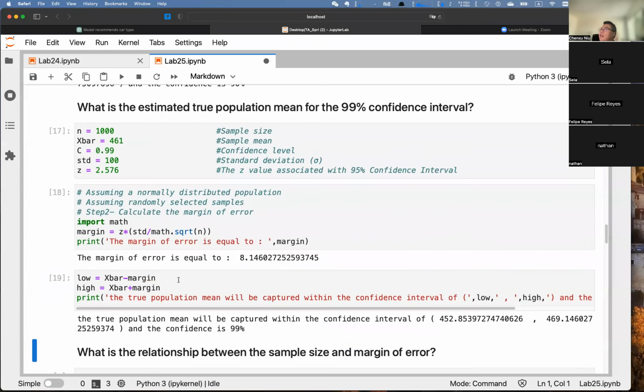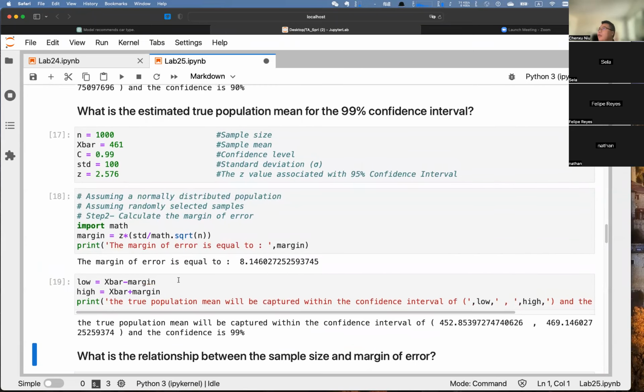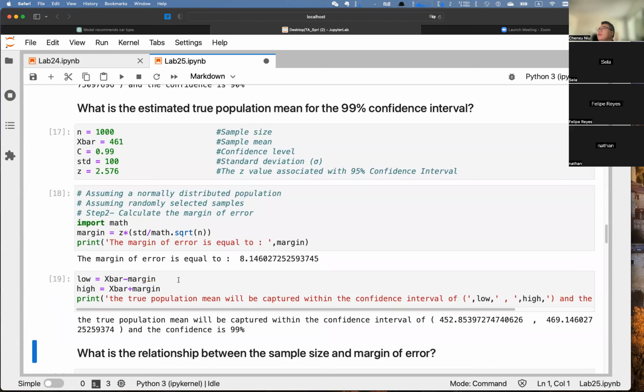Okay, so it's about 99. All right, any questions? Or do you have any errors when you run the cells?